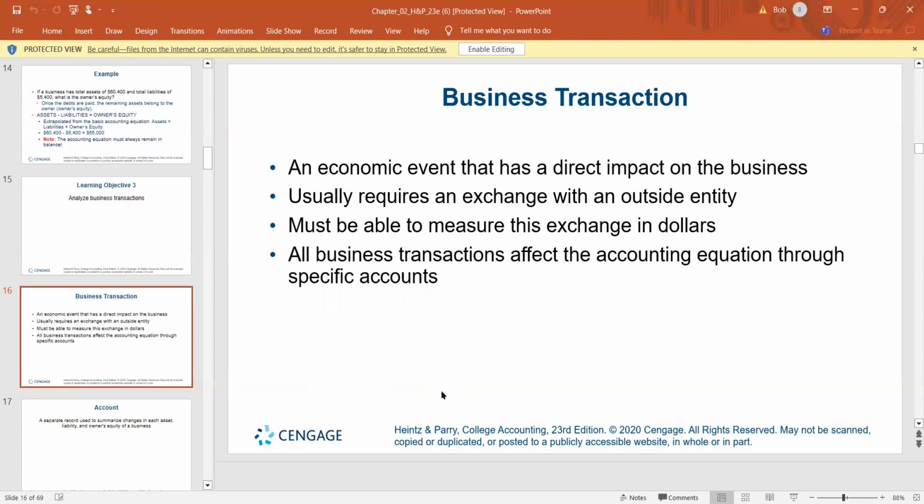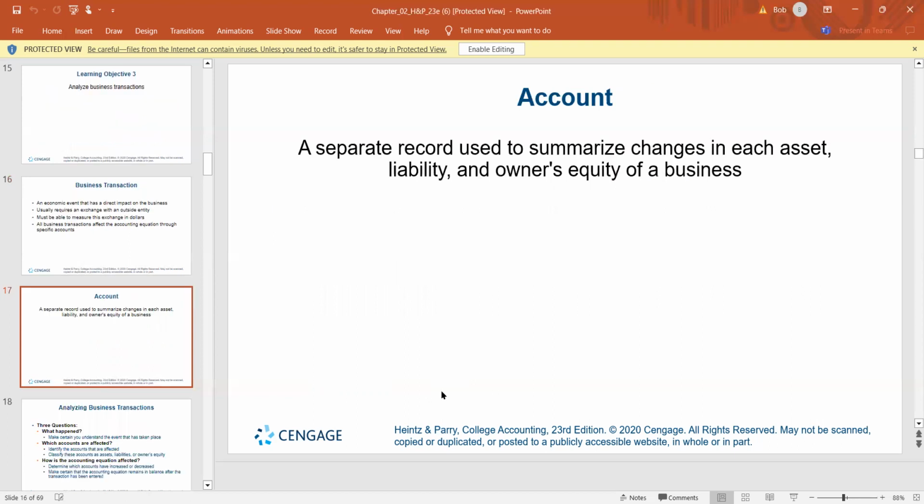They all affect the accounting equation through specific accounts like cash, accounts receivable, etc. When I say an account, you're going to learn about the general ledger, which represents the books of the company. If you ever heard that expression, I want to see the books. They're cooking the books. It's the formal record of the company.